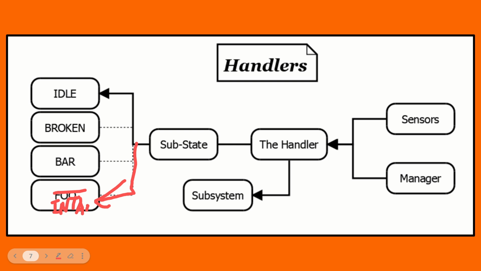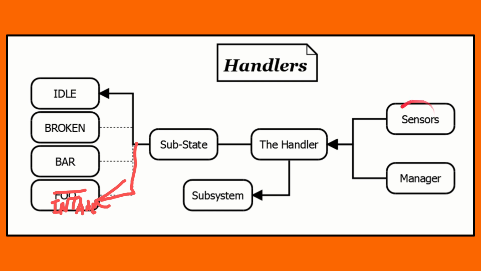And that's going to change the way that the handler is controlling the subsystem. So now, instead of just doing nothing, the handler is going to have the subsystem outside of the robot, and it's going to be having the rollers constantly running, waiting for a game piece.